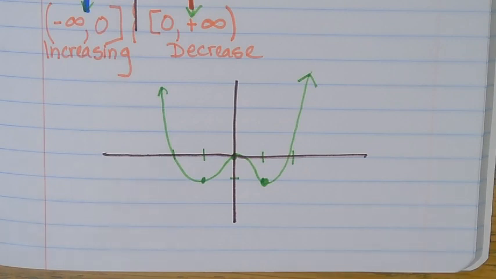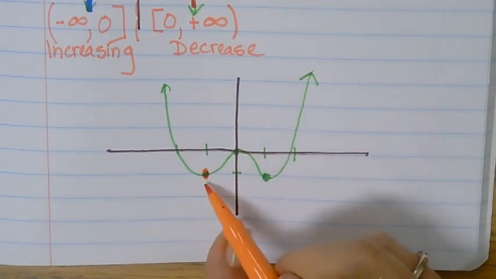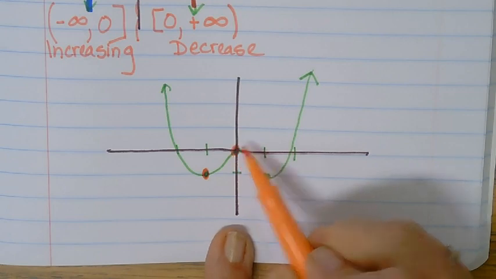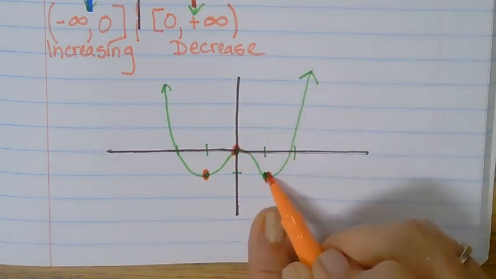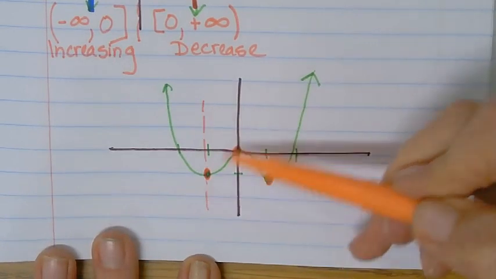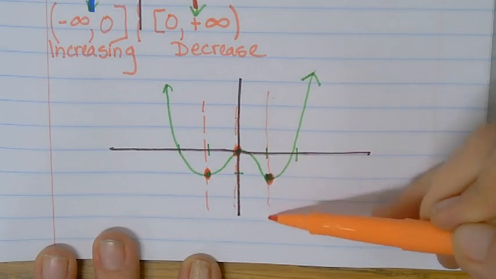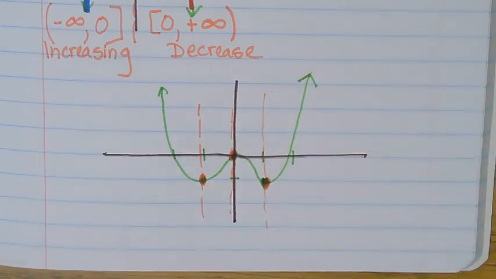Okay, so the first thing to ask yourself is, where are the points where this graph changes direction? Well, it changes direction right here, right? It's going to change direction right here and right here. So we really have 4 different areas to talk about.